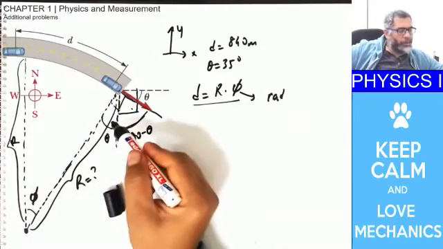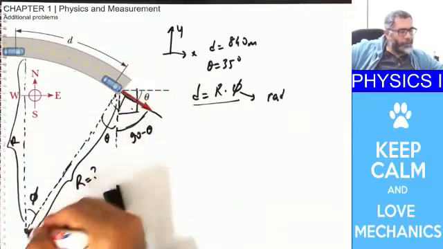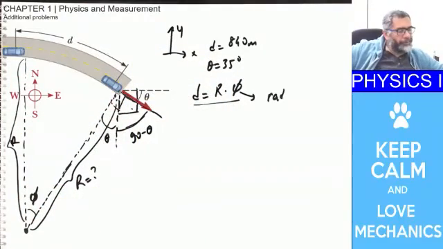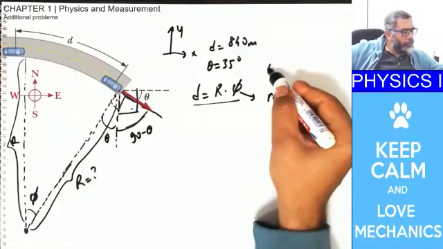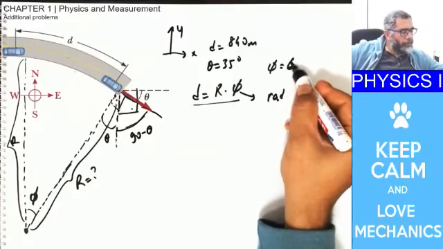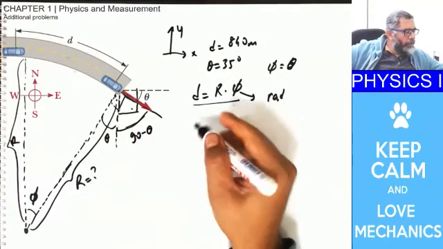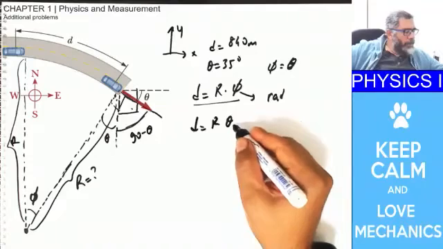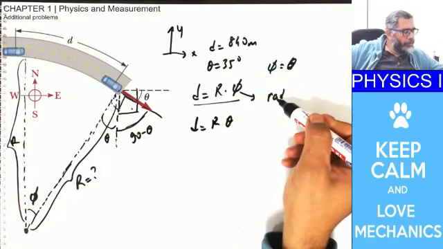They must be equal to each other because this line is just crossing these two parallel lines. And this is again from geometry. So that makes phi equal to theta. And from this information, d is equal to r times theta.